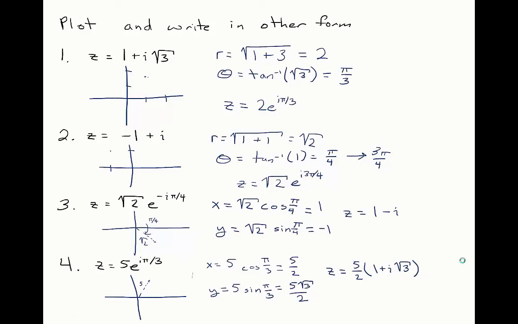Alright, let's go back to connecting to sine and cosine, which really is the most important part of using complex numbers when it comes to physics. So what we've been using is that the real component is given by r cosine theta, and the imaginary component is given by r sine theta.